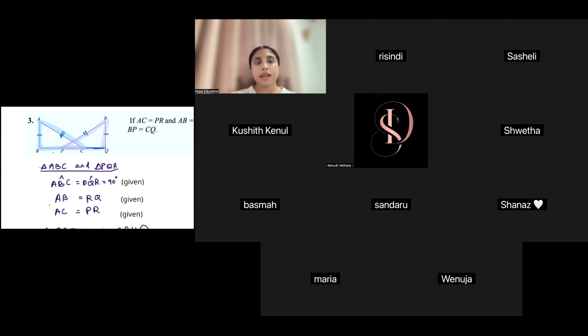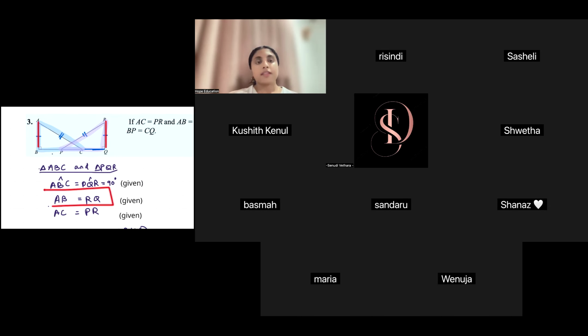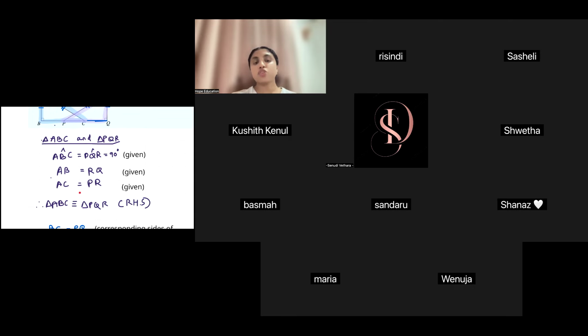Then side AB and side RQ are also equal. Then AC, which is the hypotenuse of this right angle triangle, and PR, the hypotenuse of the right angle triangle, are also equal. Therefore, we can say the two triangles are congruent under the RHS case. RHS means right angle, hypotenuse, and side. Is that clear, Cindy?